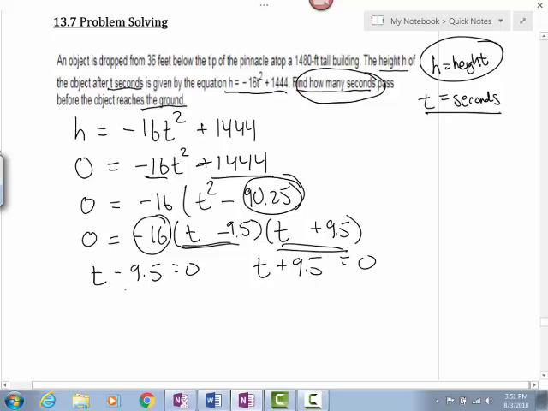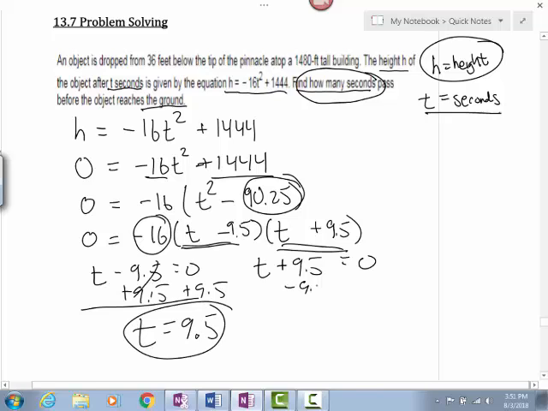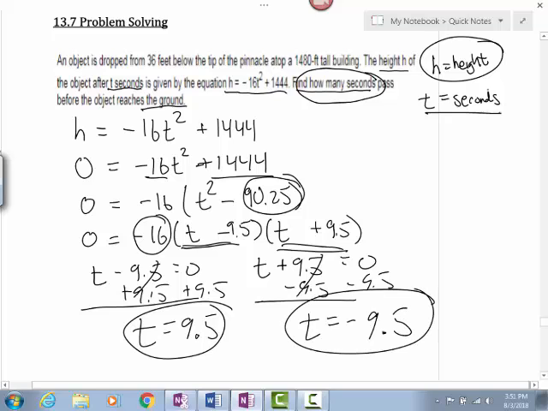Okay. So when I add 9.5 to both sides here, I'm going to end up with t is equal to 9.5. When I subtract 9.5 over here on both sides, I'm going to end up with t is equal to negative 9.5.